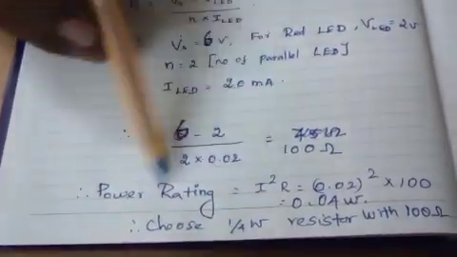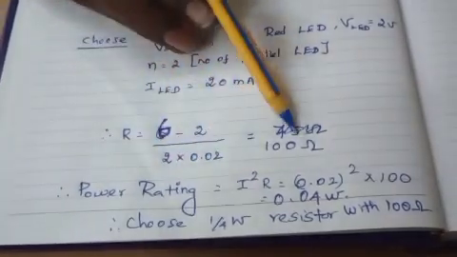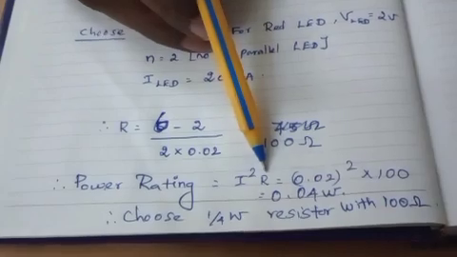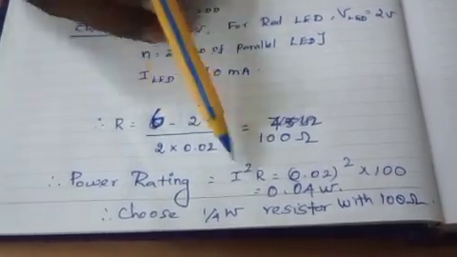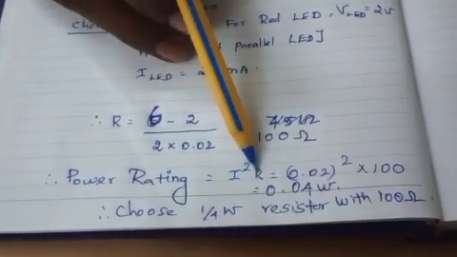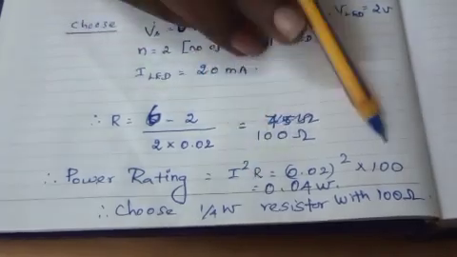And you know the next important thing, we also need to decide what is the power rating of this particular resistor. For that, the formula is I squared into R. We already know the current taken by the LED is 0.02 ampere, and the resistance which we already calculated as 100 ohm.